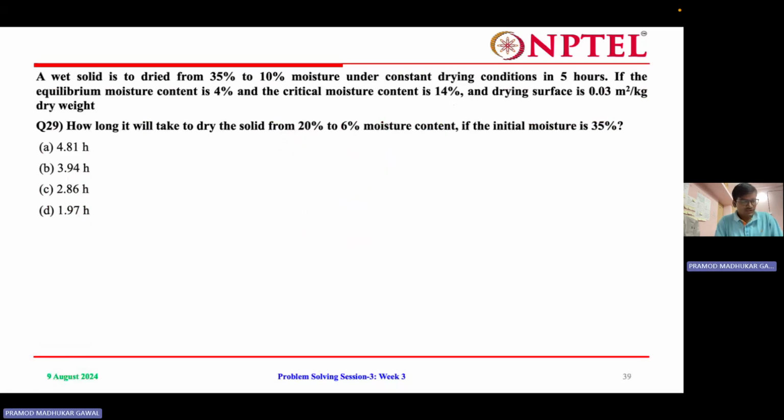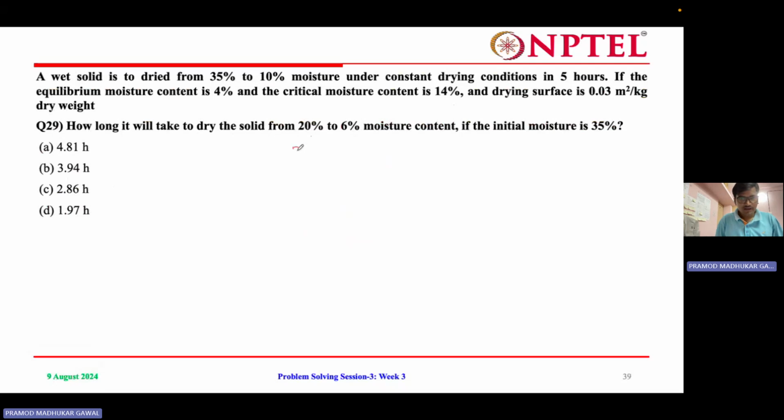So moving to the last question of today's session. How long will it take to dry the solid from 20% to 6% moisture content if the initial moisture is 35%? So here the initial is 20%, which is on a weight basis, so we have to convert to the dry basis.